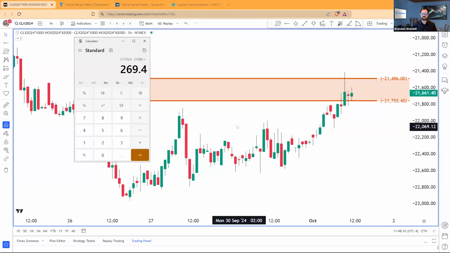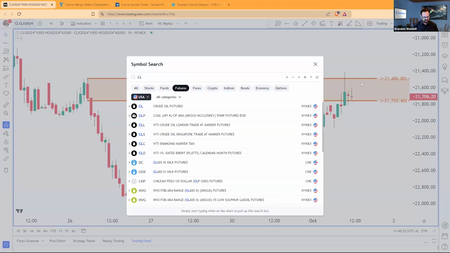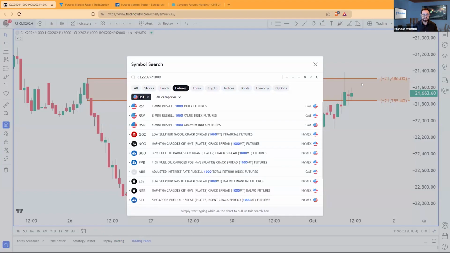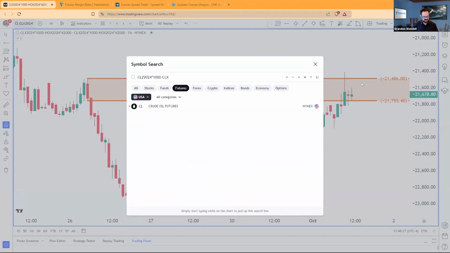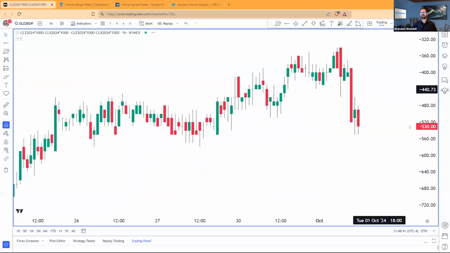That's it. Notional value. Could I have done notional value for my charting of the intramarket? Yes, absolutely. We were using CLZ 2024 times 1,000, minus CLX 2024 times 1,000.